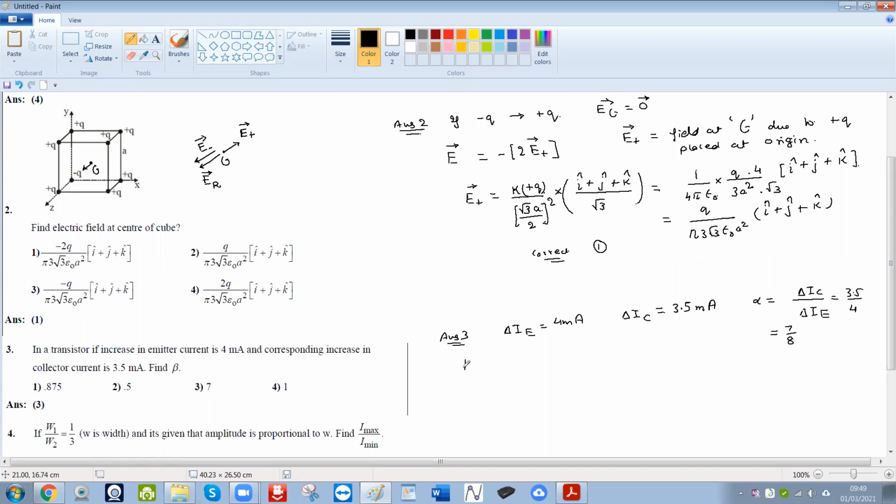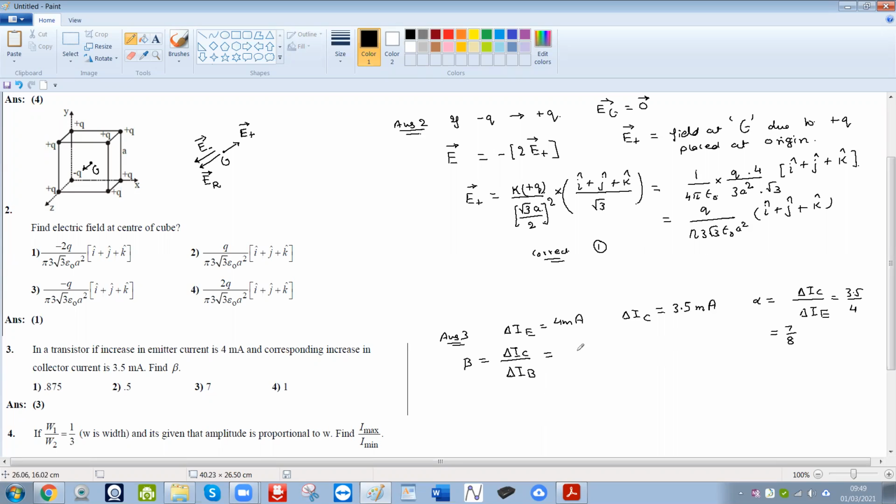Now beta, which represents change in collector current corresponding to some change in base current.